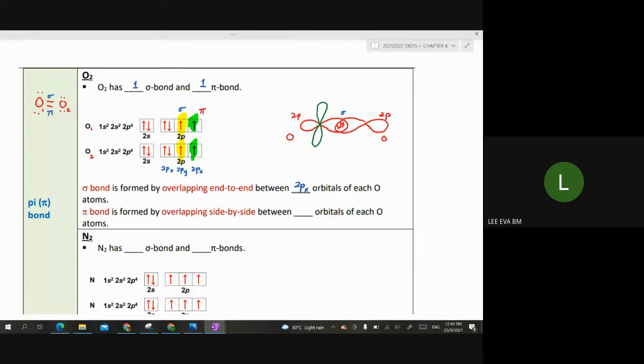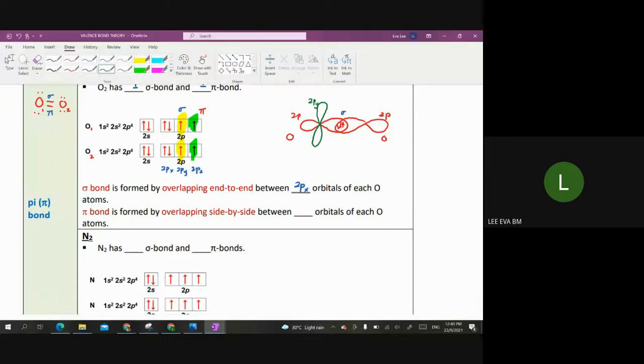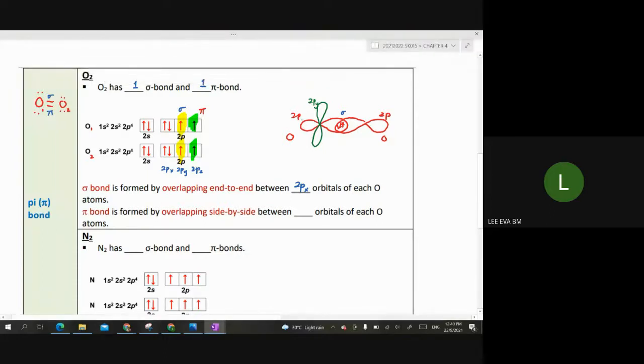So mereka adalah perpendicular ya. So untuk oksigen yang pertama kita ada lagi satu 2p. So let's say saya nak ini sebagai 2py. Tadi ini madam label sebagai x. Nak label y pun boleh, label z pun boleh. Okay. So the second oxygen also I'm using 2py.